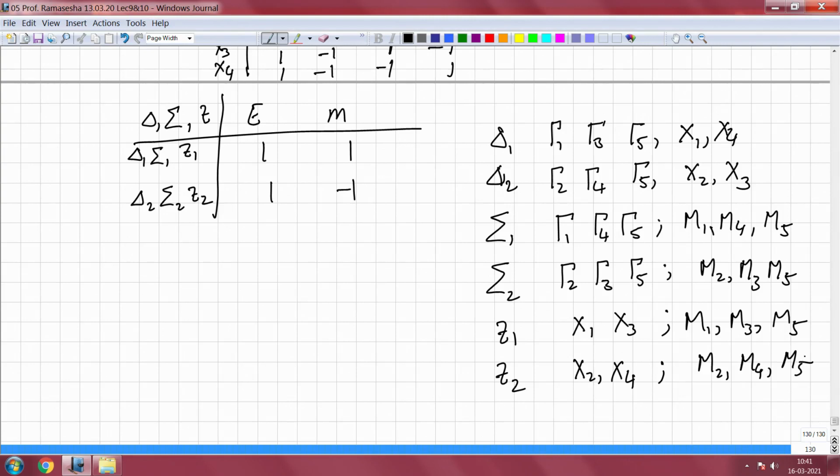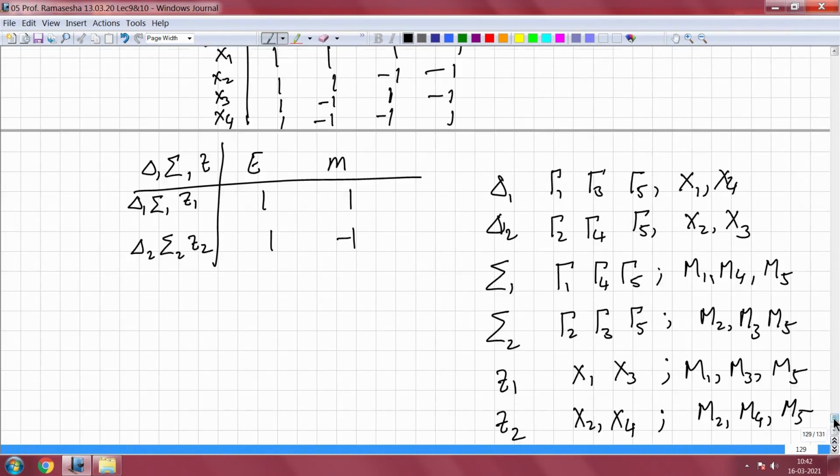So, what we are seeing is of course, gammas and M's are identical. That is the reason why sometimes M is not written, because M and gamma are identical points, and this will allow us to draw the energy band diagram.